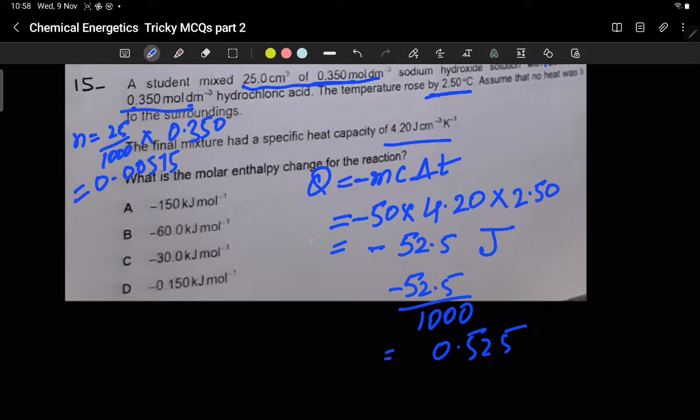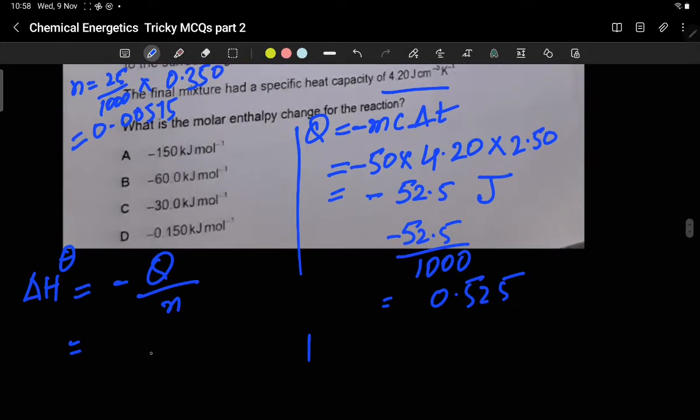And the enthalpy change of this reaction is minus Q over n.